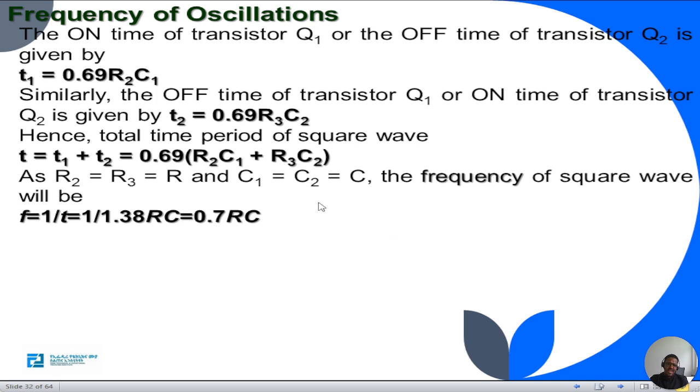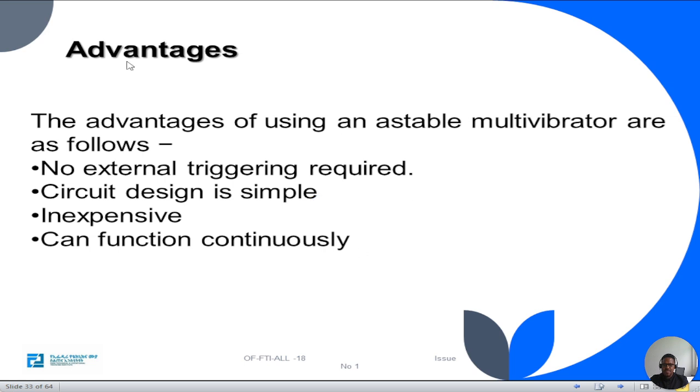So let's see what the advantages of this astable multivibrator are. The advantages of using an astable multivibrator are: no external triggering required, the circuit design is simple and inexpensive, and it can function continuously. These are advantages when comparing with other types of multivibrators.